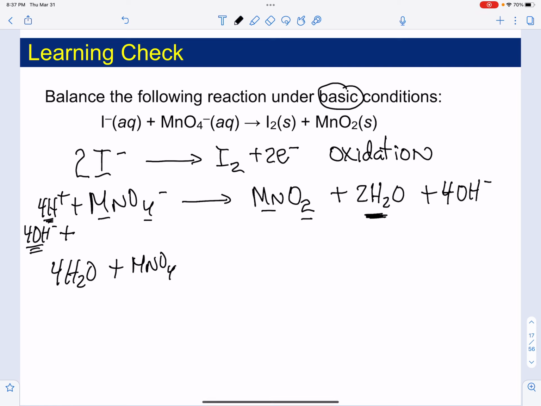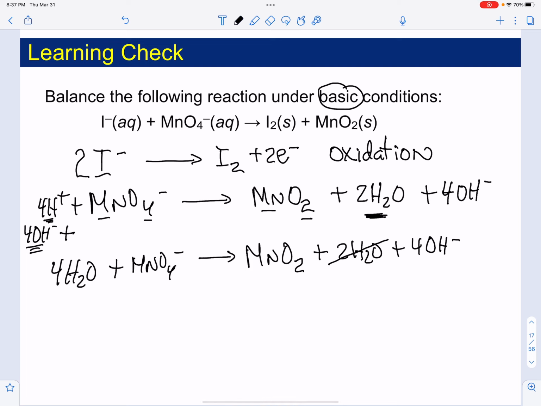permanganate producing manganese 4 oxide plus 2 water molecules plus 4 hydroxide. However, I have water on both sides. So these 2 waters get canceled by 2 of these waters.